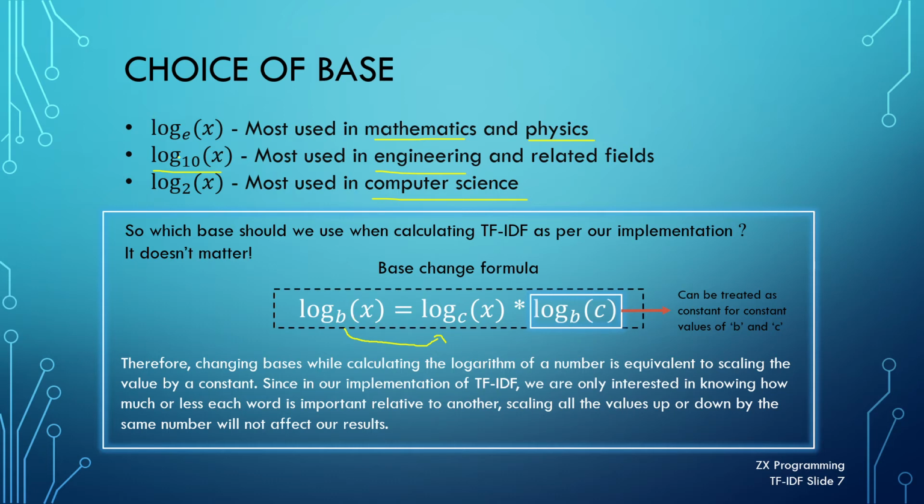Using this formula, we can convert from any log to another by calculating this value and multiplying it. This means that the relative importance that we calculate for IDF values is only getting scaled up or down when we change the base, and this won't affect our relative values.